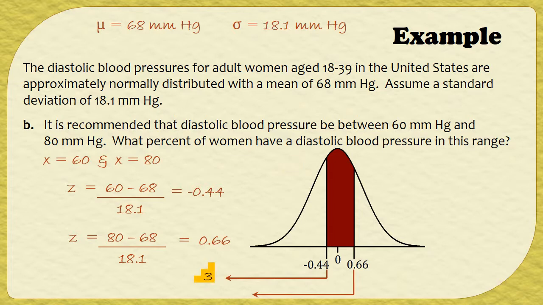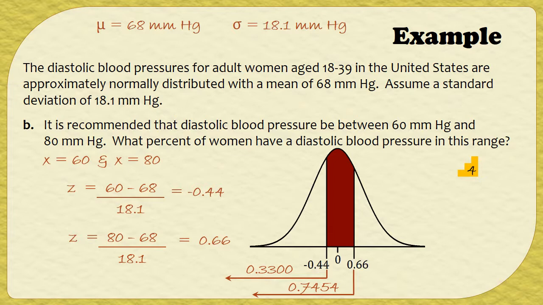Step 3 is to look up the two z-scores on the standard normal table. When I looked up the negative 0.44, I found a value of 0.3300. When I looked up the value of 0.66, I got 0.7454. To complete the problem, we need to find the area of the shaded region.